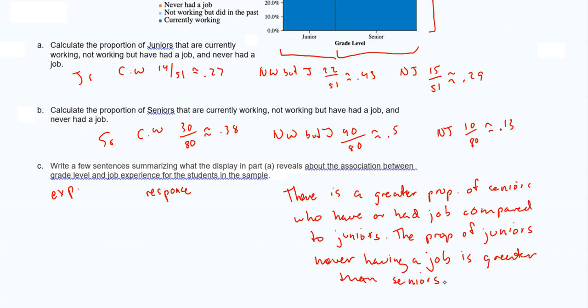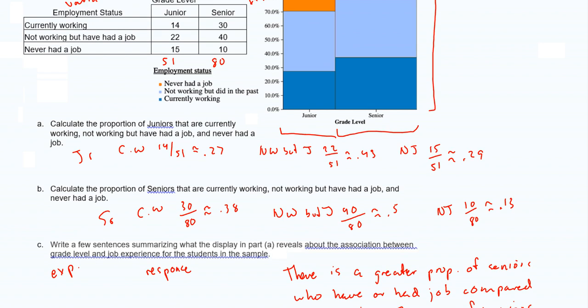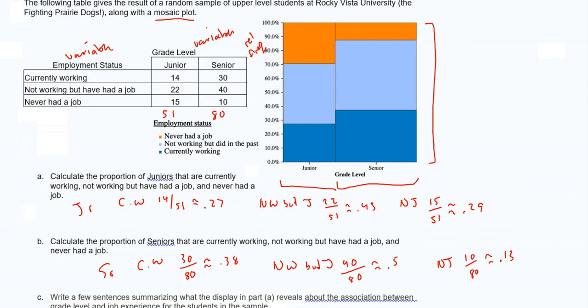And so what can we expect? If you sample a senior, you would probably anticipate that somewhere along the line they have had a job before. And actually, many of the seniors also are currently working.